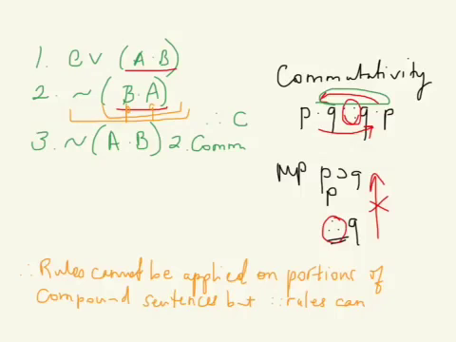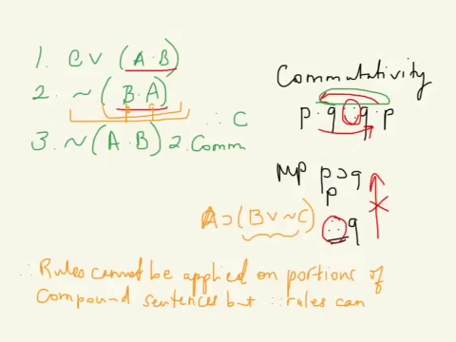What I mean is that, for instance, if you have some sentence like, if A, then B or not C, you're not allowed to do disjunctive syllogism with this portion, this consequent here, right?